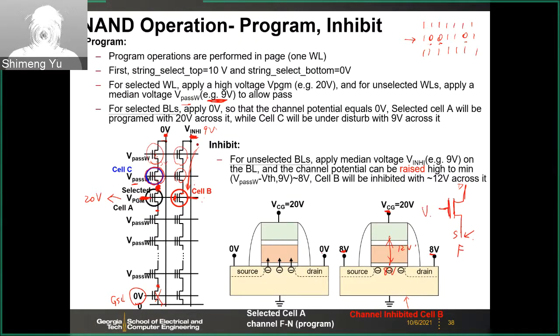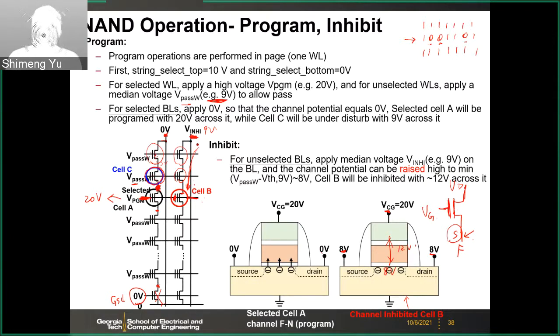If you have the Vg and the Vd, if the source side is floating, the source side voltage will follow either the gate voltage or the drain voltage, because this is floating.